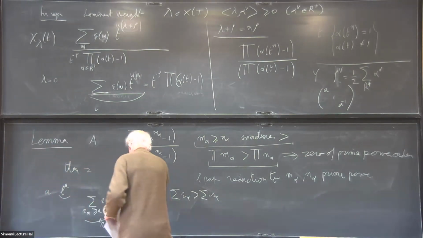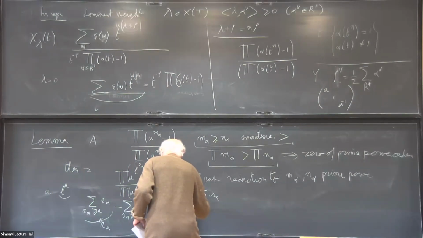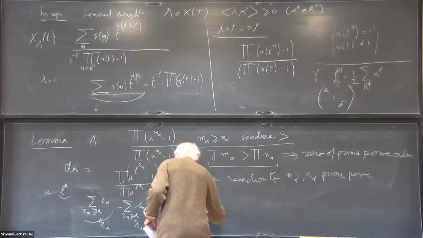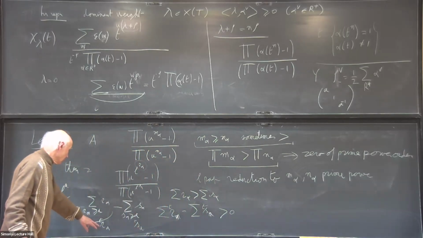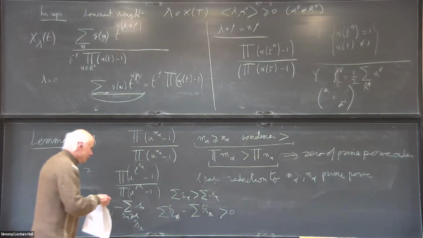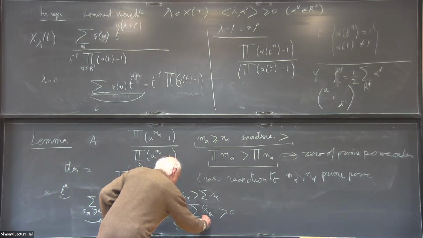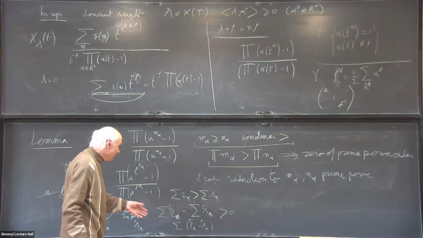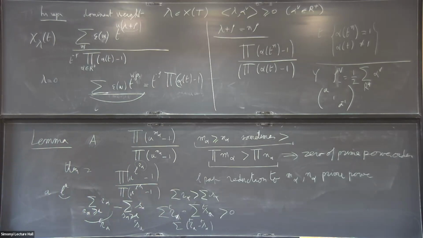So I have also from this inequality that the sum of the transpose partition r minus the sum of the transpose partition s is bigger than 0, and this is the sum of the differences of r^t minus s^t at a. This sum is strictly positive, and so one of the terms is strictly positive. So that's the proof.